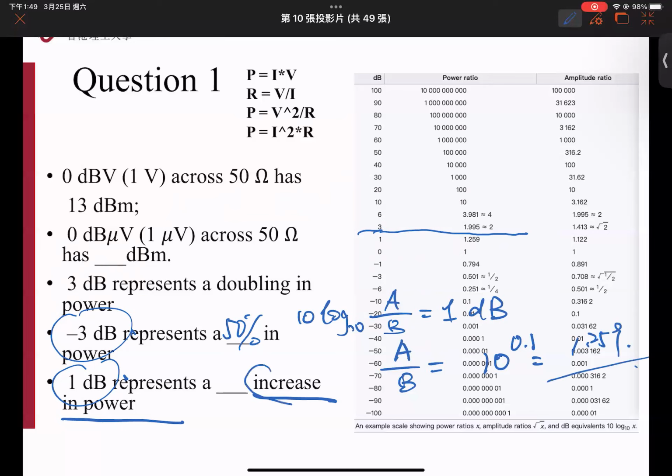But now it means how much is the increase in power. So the increment is compared with the original power. So it's not like a comparison where one is in the denominator and one is on top. What you need to know is to take A minus B, because you care about the difference, right?